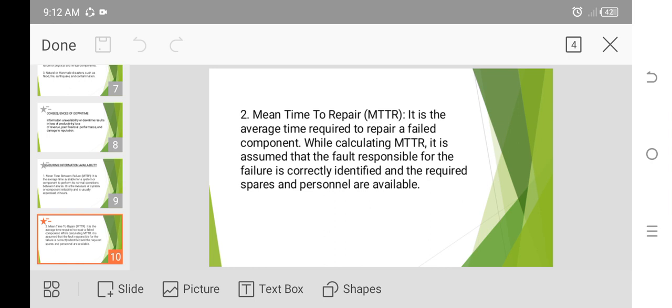So this MTTR is the average amount of time it takes to fix a broken part. When calculating MTTR, we assume that we know what caused the problem and have all the necessary tools and people to fix it. A fault is a physical defect in one part that can cause information to be unavailable.